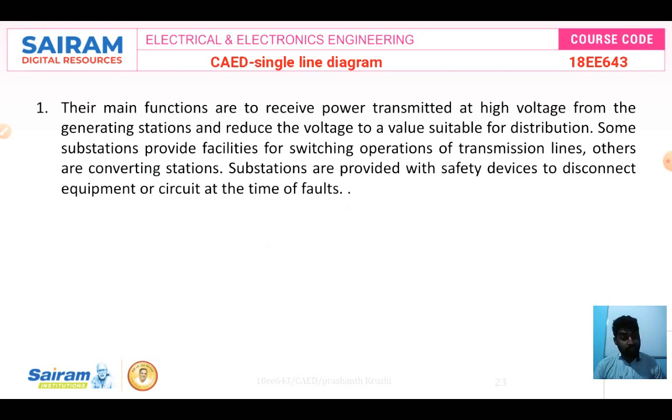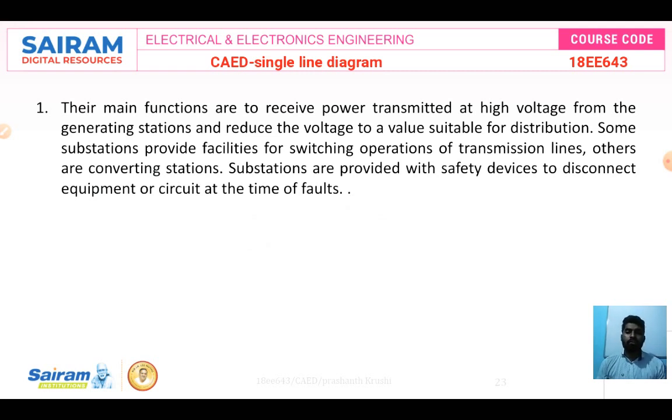Some substations provide switching operation of transmission lines. Others are converting stations. Substations also provide safety devices to disconnect the equipment circuit at the time of faults. For example, while traveling from Anekal to Gudanahalli or our college, there are high transmission lines, on the left side or right side.